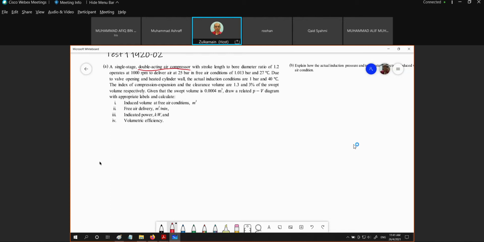So if you want to sketch the whole system, we are going to have two cylinder heads.